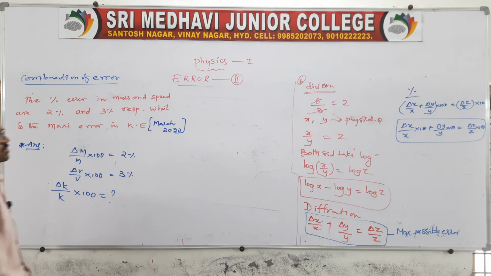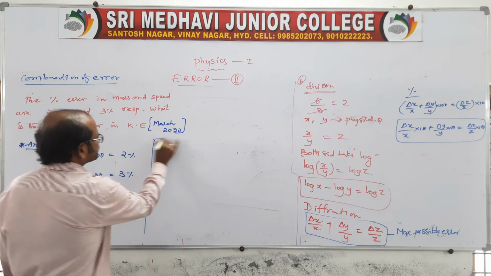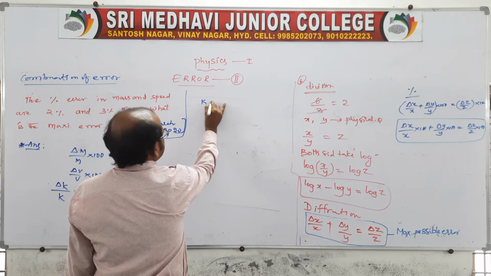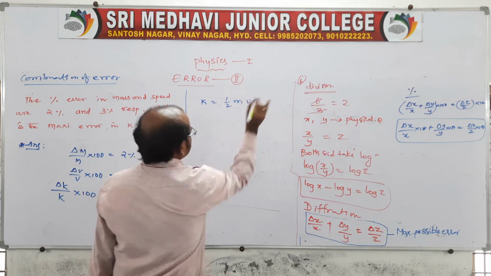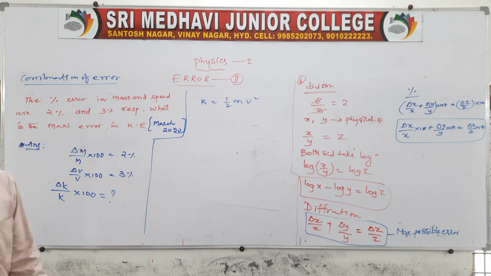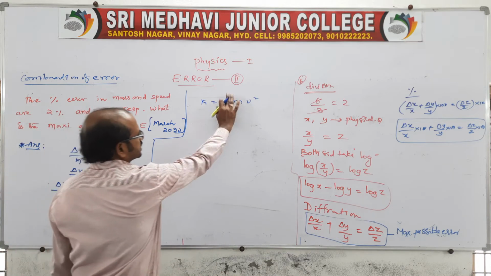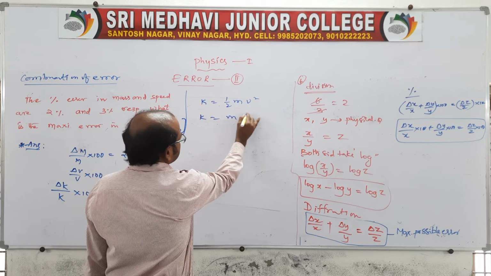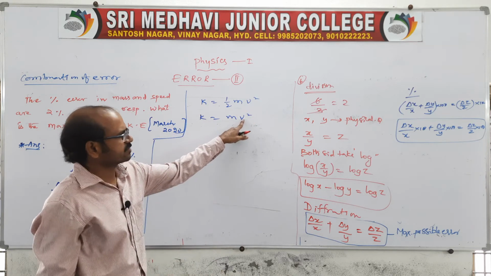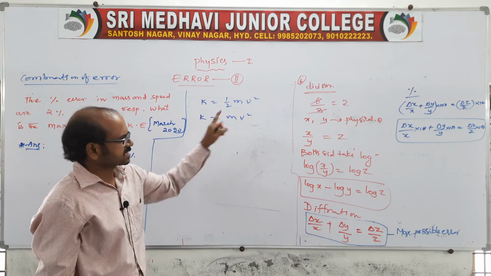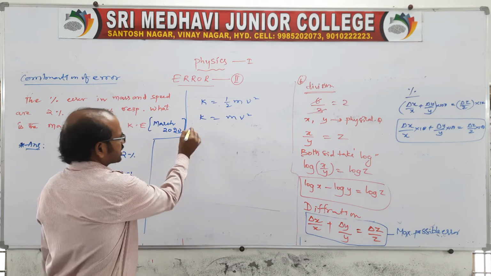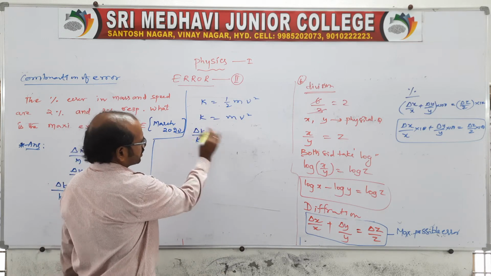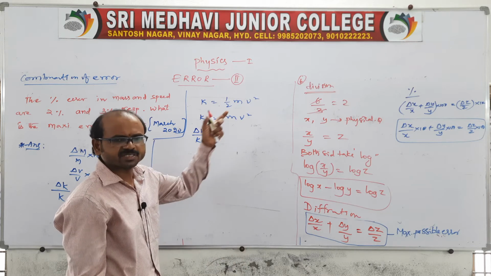Here the kinetic energy formula is half m v square. Actually, the half is just a number, it is not required in the calculation. You leave the half. Again, k is like a multiplication, like z is equal to x into y. So directly we can take delta k by k, no need to apply any log because we already know.